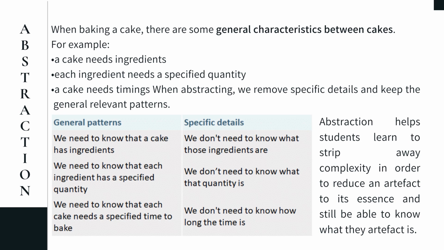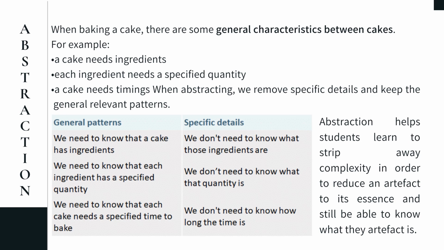Okay, so talking about abstraction, there are general patterns and specific details. Let's see what the differences between them are. For example, when baking a cake, there are some general characteristics between cakes. For example, all cakes need ingredients. Each ingredient needs a specified quantity. All cakes need timing.